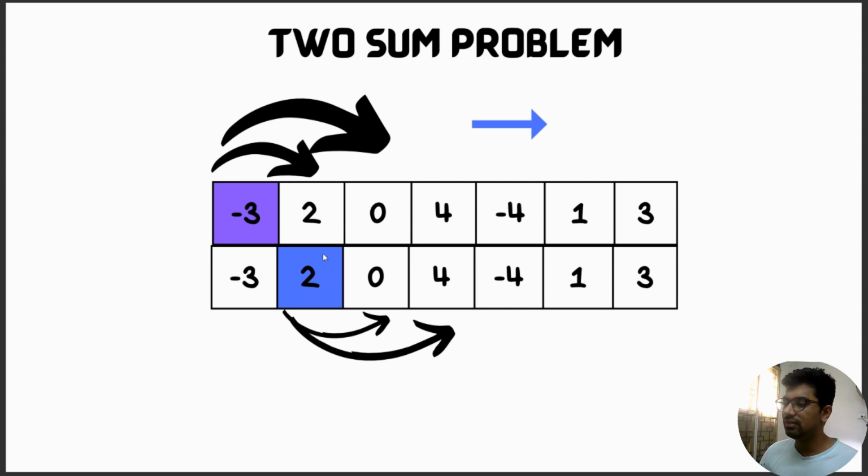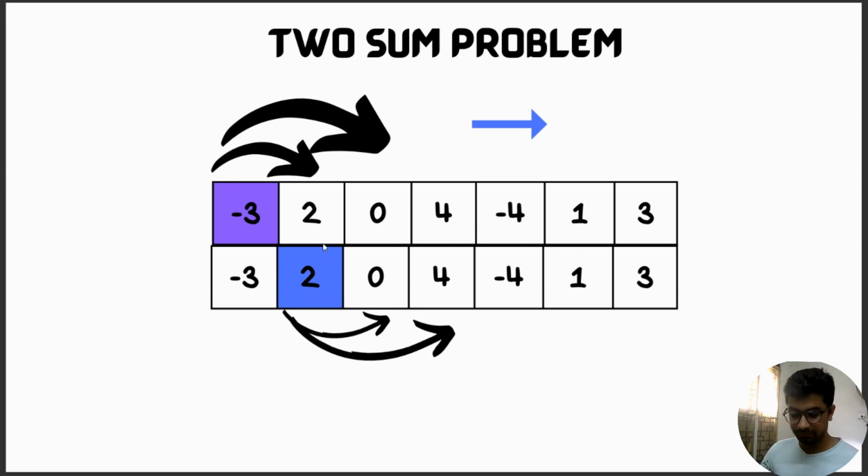The same way, if we take this 2 as the first number, then the rest of the numbers after it can be taken as the other number. So in the brute force approach, for each number, the numbers coming after it are the options for making the pair.